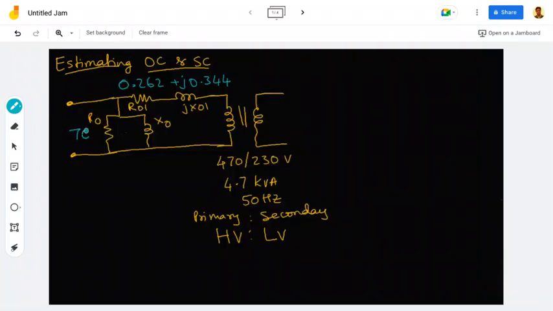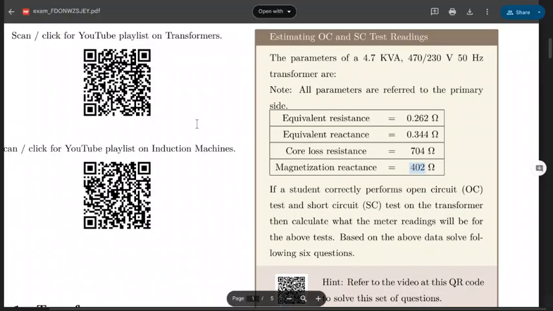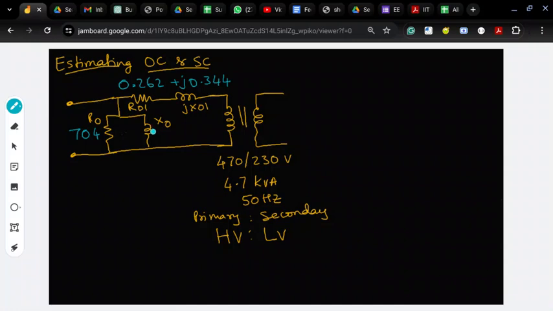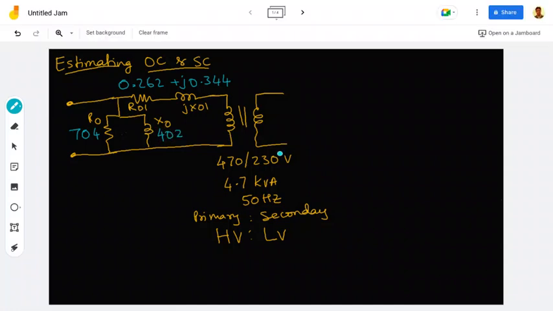So 704 and 402. So I got the values written here.